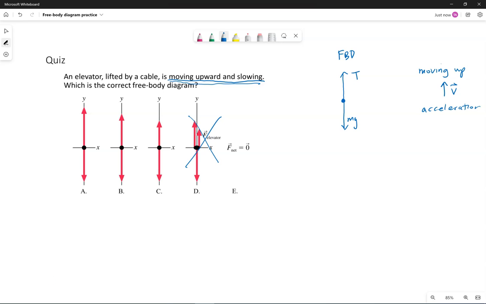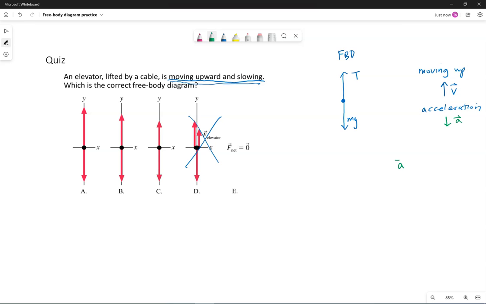I know this elevator has an acceleration because the problem tells me that the elevator is slowing. Whenever an object is slowing down, its acceleration has to point opposite to its velocity. So the velocity being up means there has to be an acceleration pointing downwards.